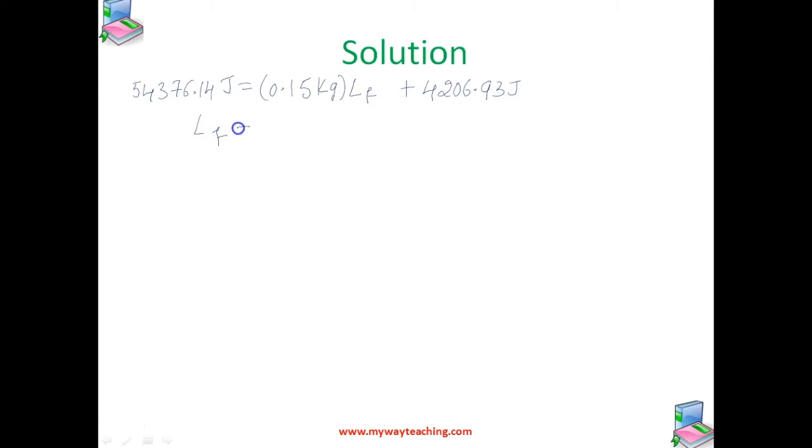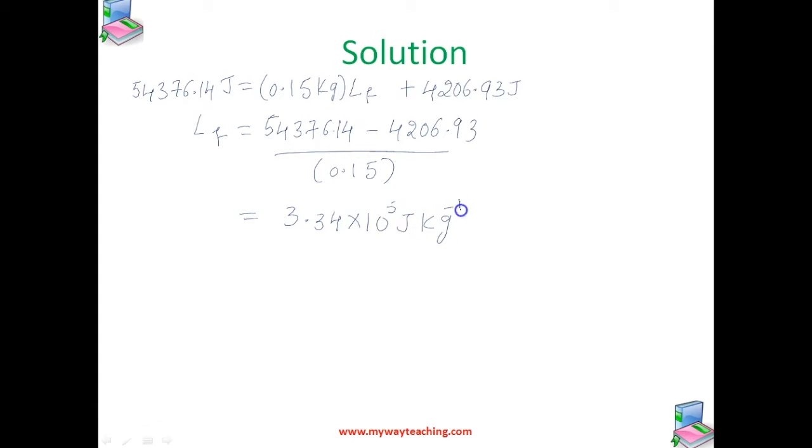So the latent heat of fusion is 3.34 into 10 raised to 5 joule per kg.